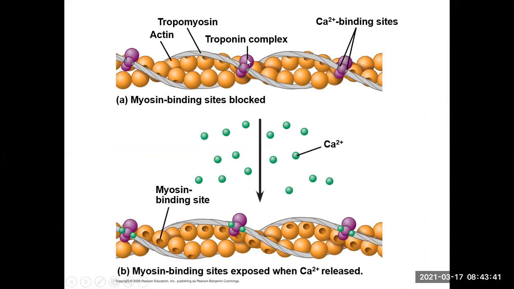So the calcium binds on the troponin. When the calcium binds on the troponin, it changes the shape of tropomyosin, and that leads to the binding sites appearing.